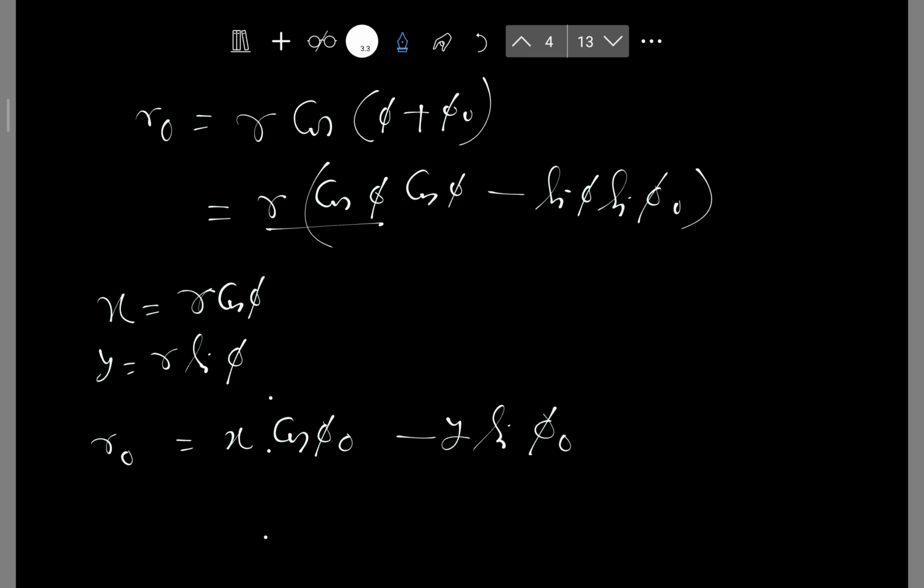Replacing this, we get y equal to x cot phi naught minus r naught cosec phi naught.